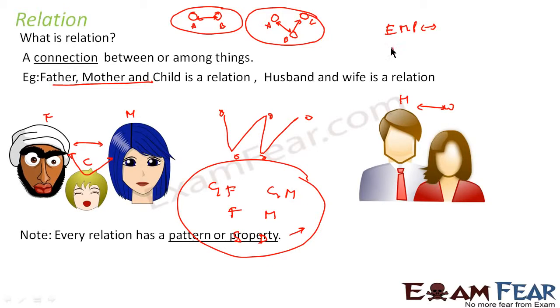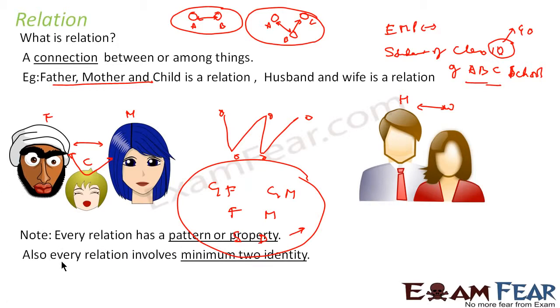Or you say students of class 10 of, let's suppose, ABC public school. If there is a school called ABC school and there are some 40 students of class 10, all these 40 students will have a relation because they are all part of class 10.